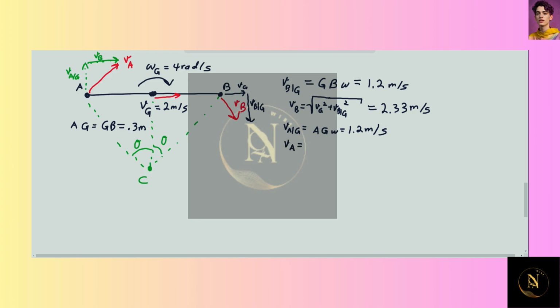VA will then very similarly give us 2.33 meters per second, again using the exact same method, since the numbers are the same. But we still need to calculate an angle.